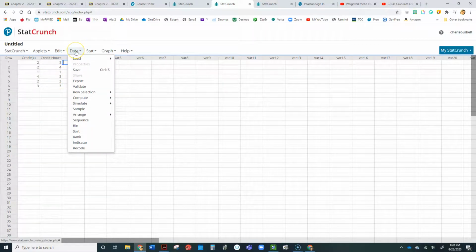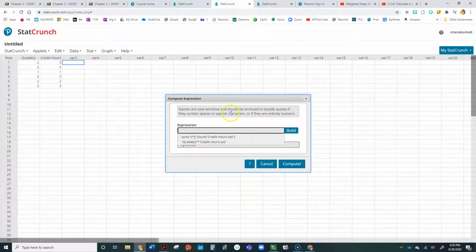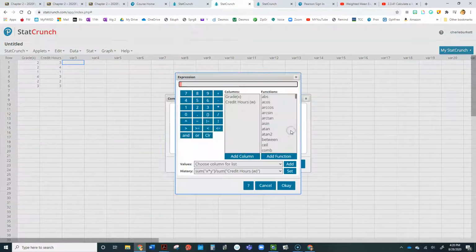And to do this, you go to Data, and we're going to go to Compute because we're computing something, and we're going to compute an expression. We're going to use the formula. We're going to have to build it, okay? In order to build this, we want to take the numbers from the grade.